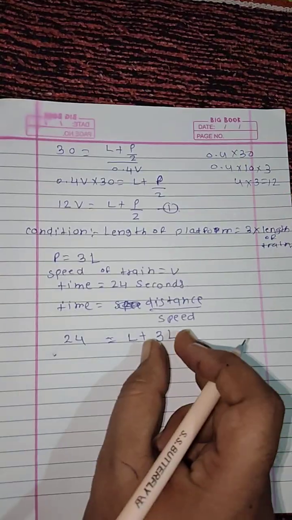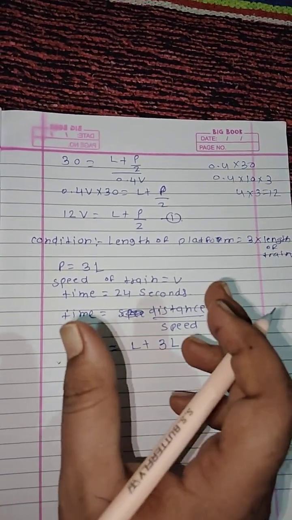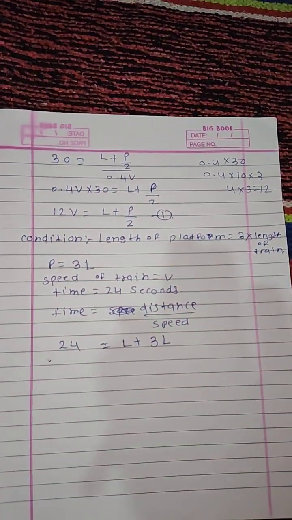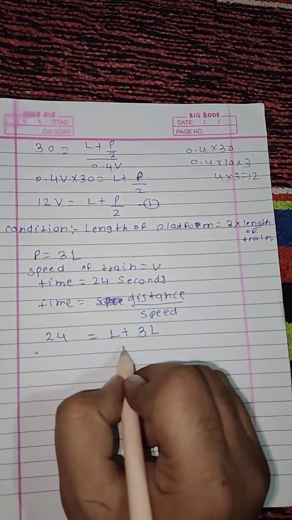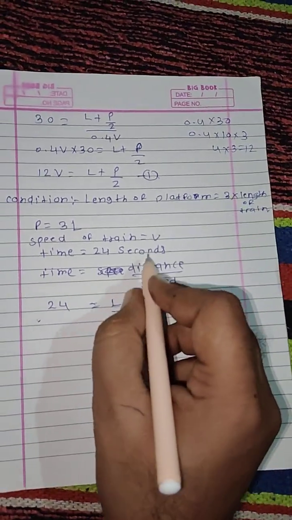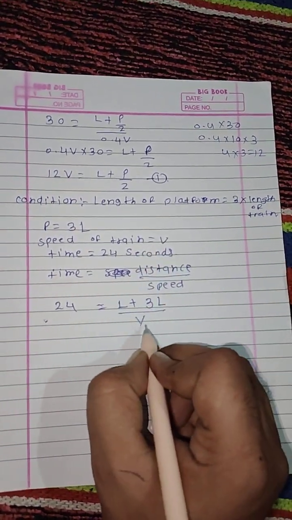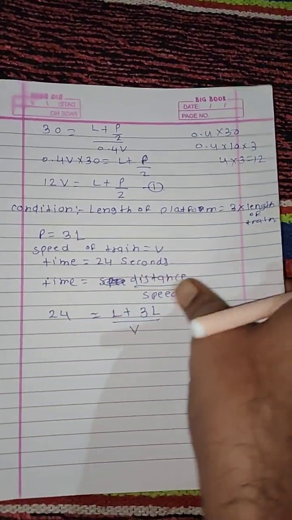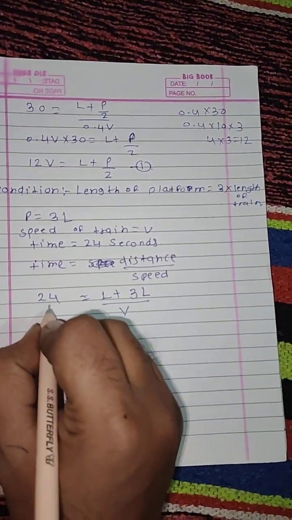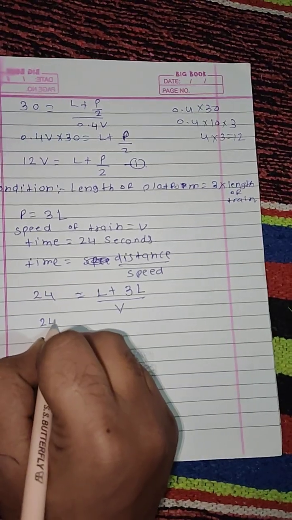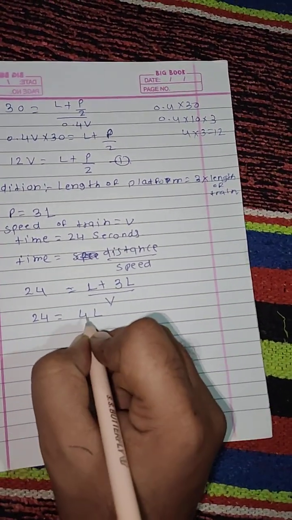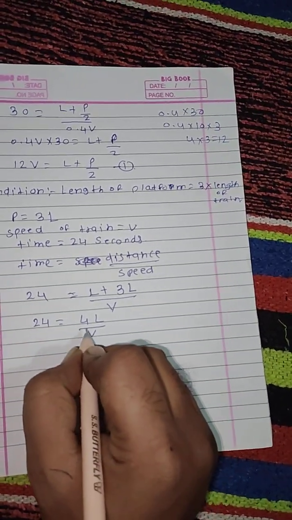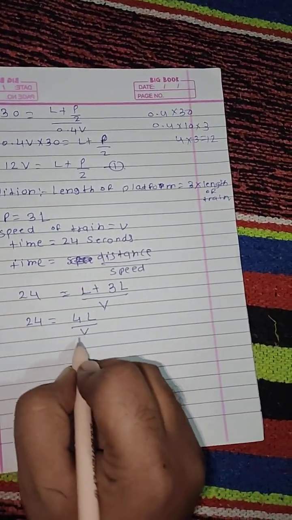So it is L plus 3L. And the speed is the initial speed, so we consider it as v. So it will be 24 equals L plus 3L, which is 4L, upon v.